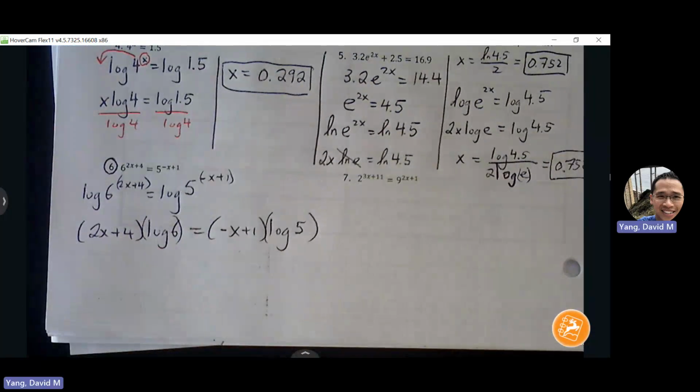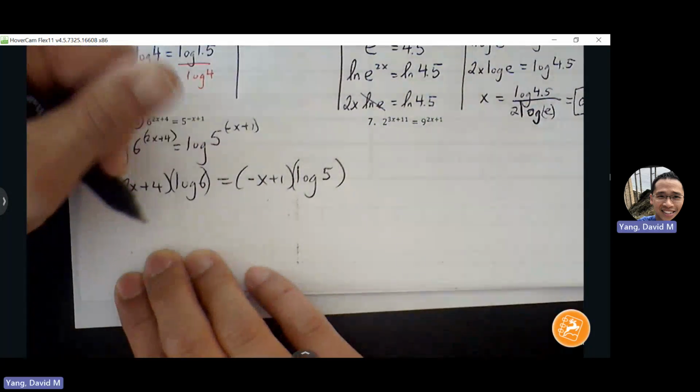We want to solve for x, but we have all the logs sitting there, so we've got to distribute all the way through and combine like terms. Not hard, but it just feels like an extra layer of messiness that we have to go through.